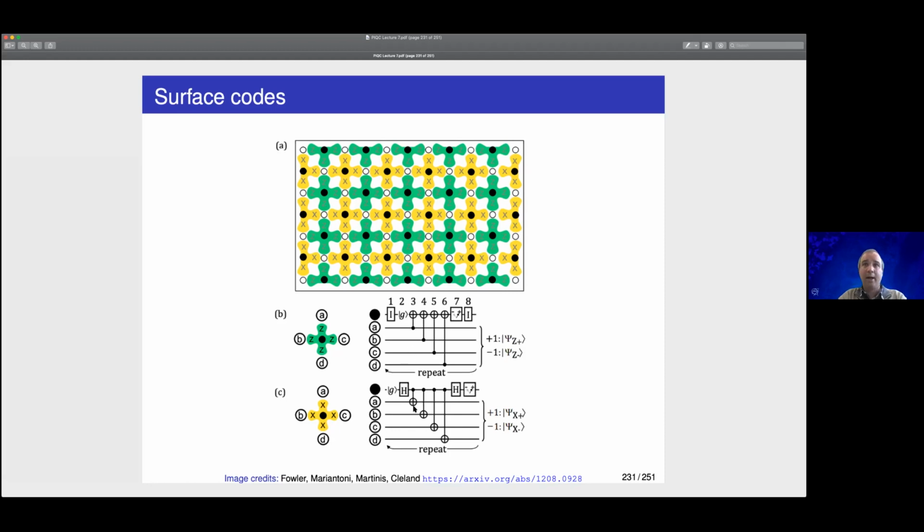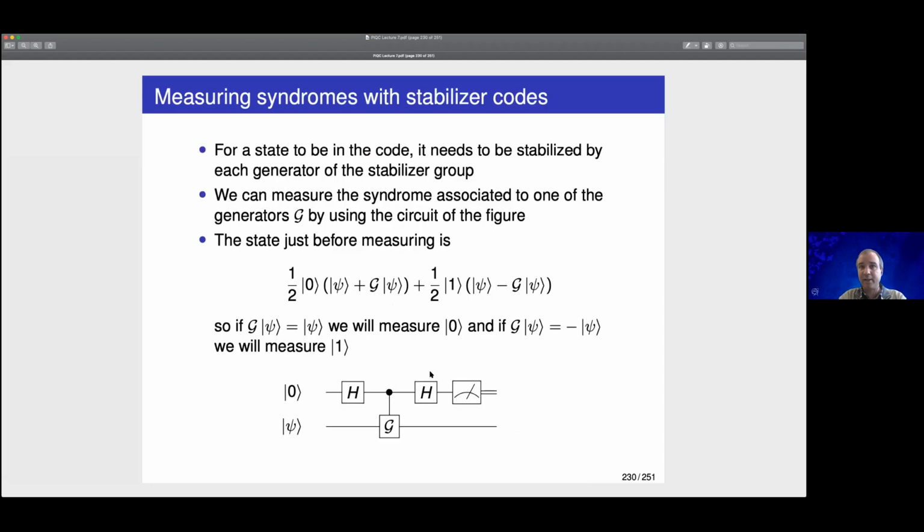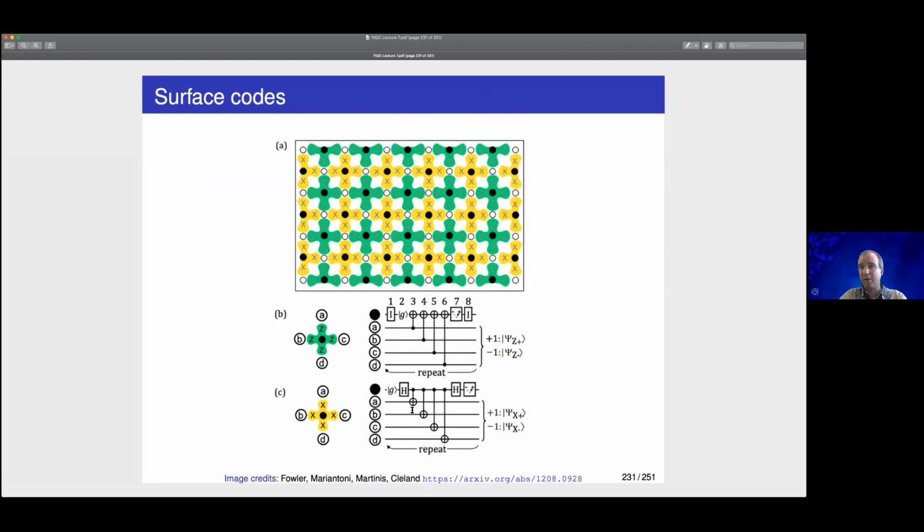Well, I don't have time to explain this, but you can check that this circuit follows directly from this construction here. What I want you to know is that this kind of codes, the surface codes, are the ones that are being considered now to be implemented in future generators of quantum computers.